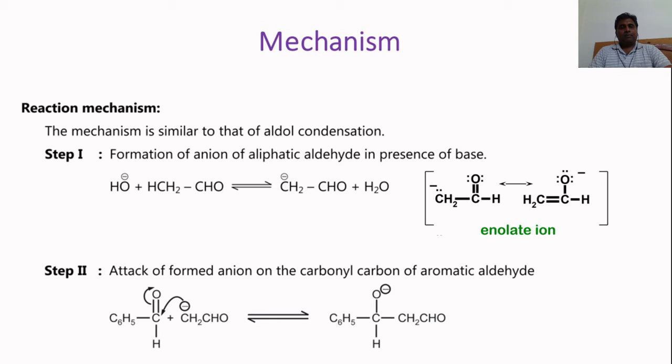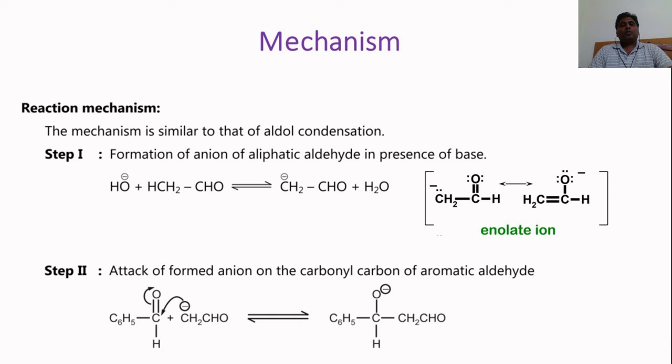We all know that the alpha hydrogen atoms in case of acetaldehyde or acetone or ethyl acetate are weakly acidic in nature, and they can be abstracted by strong bases, in this case sodium hydroxide. So abstraction of a proton by the alkali or by the base gives you an enolate ion, and this enolate ion is resonance stabilized.